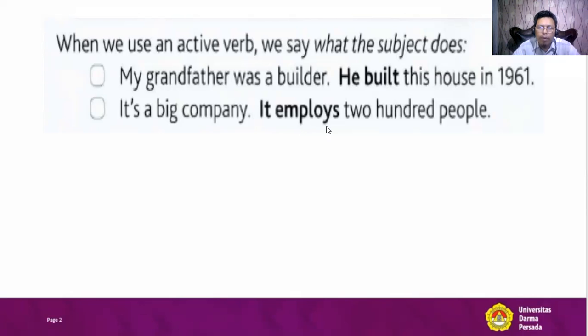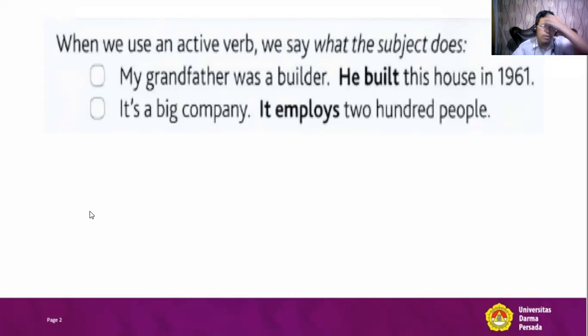It employs. So if somebody asks, what does the big company do? The answer is it employs. Okay, so everybody focus on this verb. This verb directly follows the subject: build, and then employs directly follows the subject.